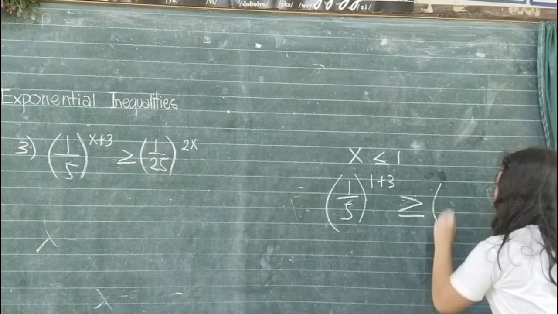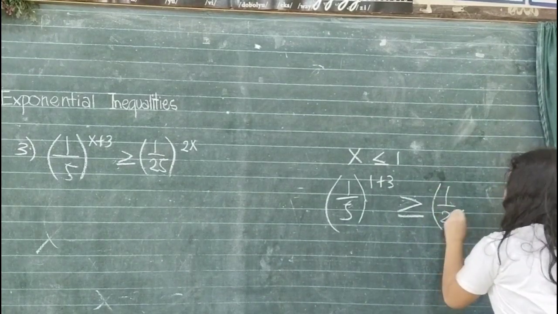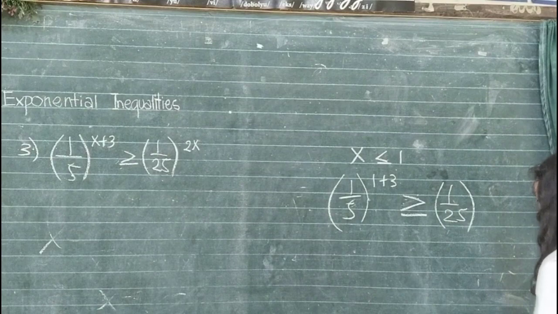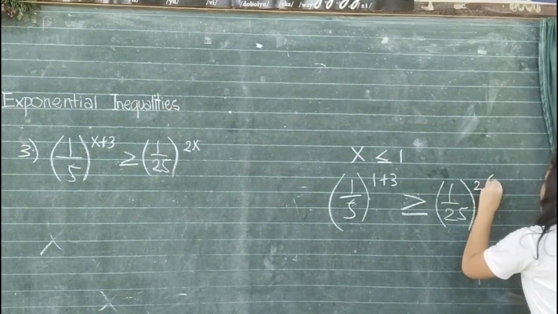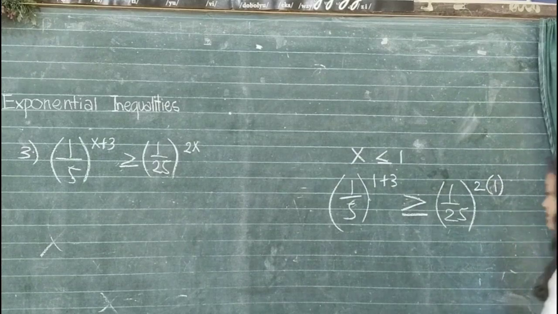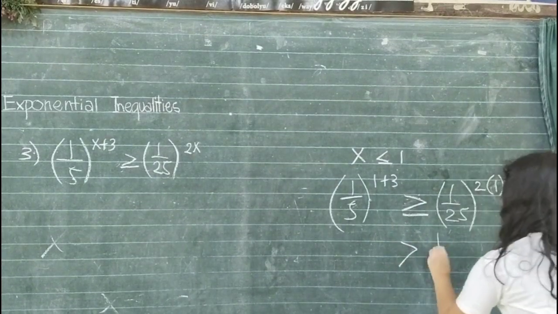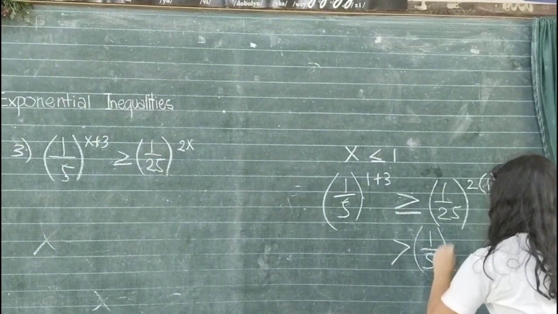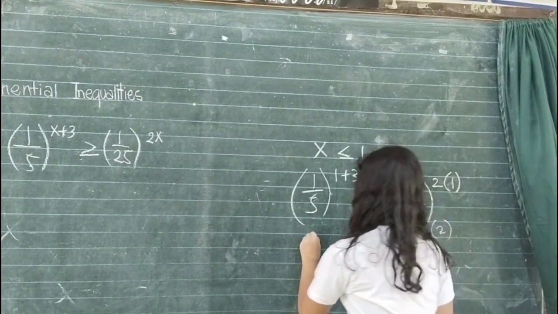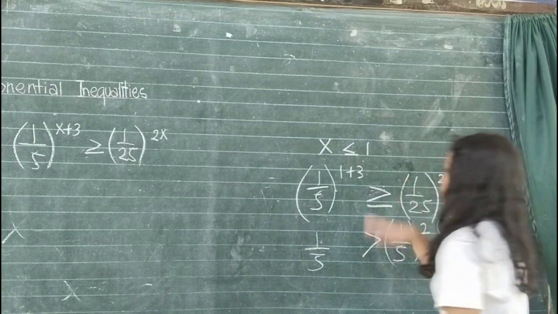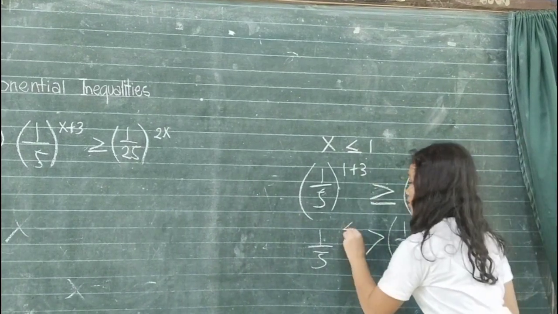So, 1 over 25, then 2, and the x we replace with 1. Then 1 over 5 raised to the power of 2 times 2, and 1 over 5 raised to the power of 1 plus 3, which is equal to 4.